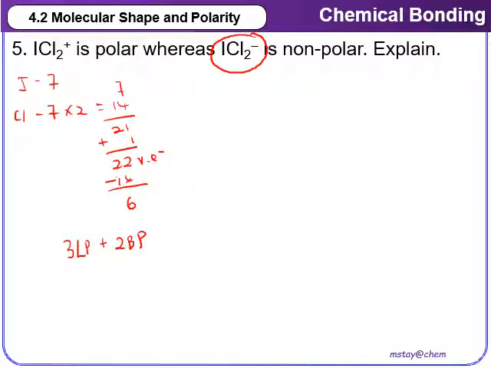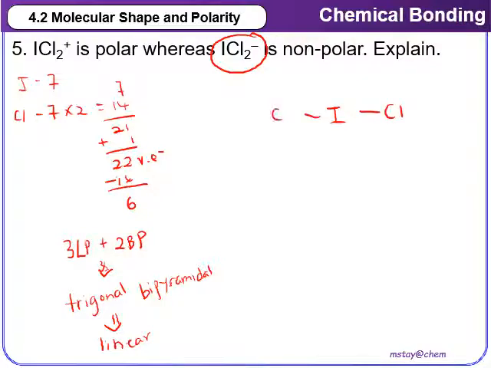From here, we know the basic shape is trigonal bipyramidal. With 3 lone pairs, its molecular geometry becomes linear. So I, Cl, and Cl.